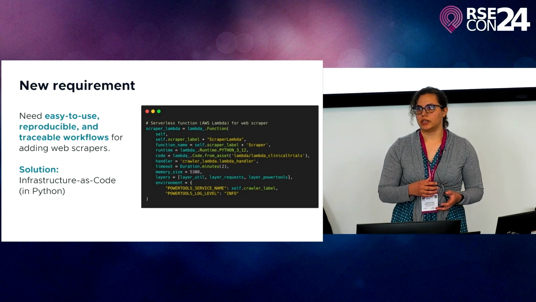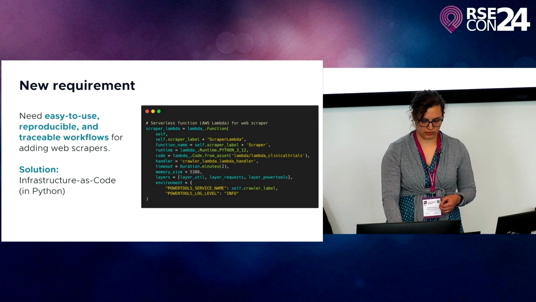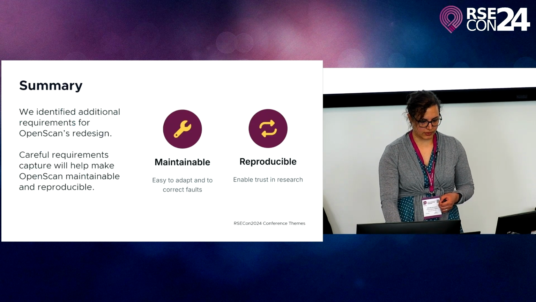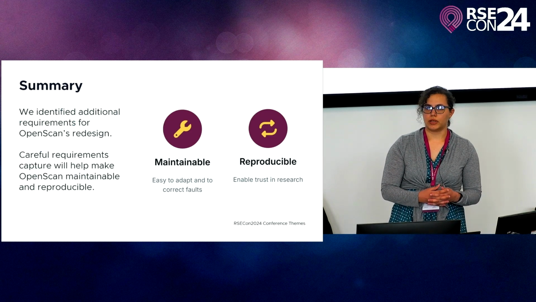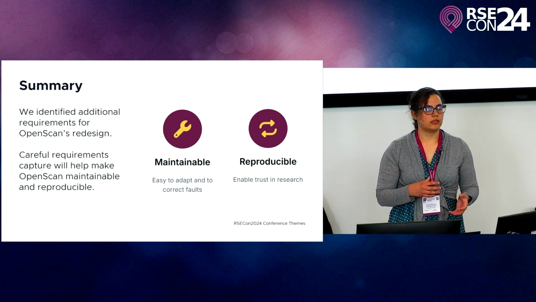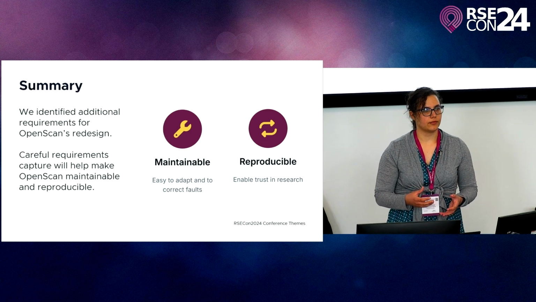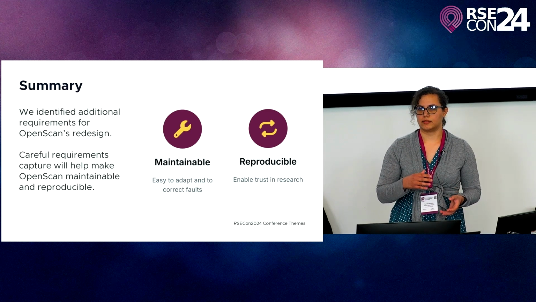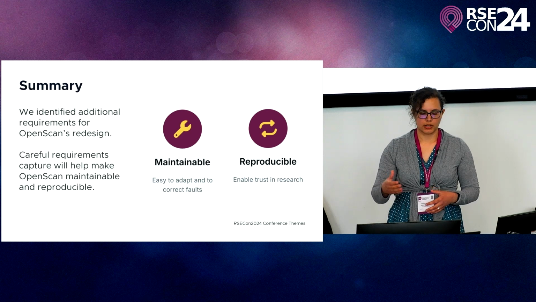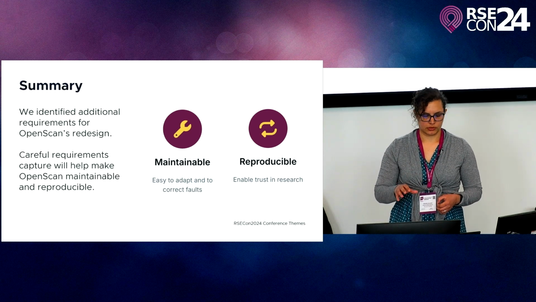And this will also facilitate other software engineering best practices, like having reusable components that can be used for further development. Now, this is just one example of how we clarified OpenSCAN's requirements. And as we continue working on this project, we're keeping those requirements at the forefront of the redesign to make sure that OpenSCAN becomes maintainable moving forward, and also that the work that the Innovation Observatory does is reproducible.